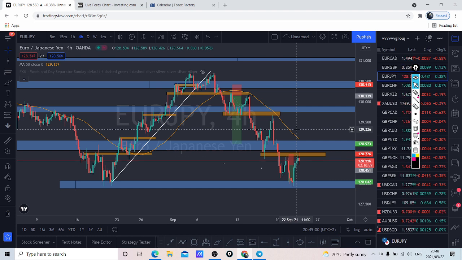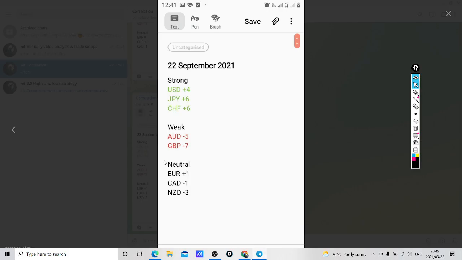Okay, so the only thing that I use to know the next move is the correlation numbers. For example, here I have the strong currencies, and inside the strong currencies I have the US dollar, the JPY, and the Swiss.